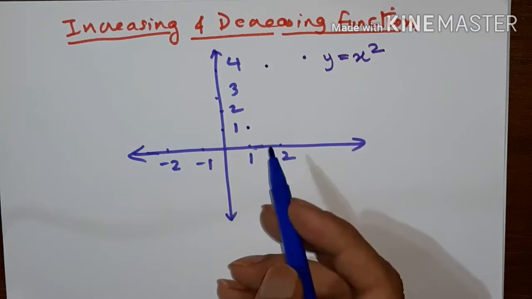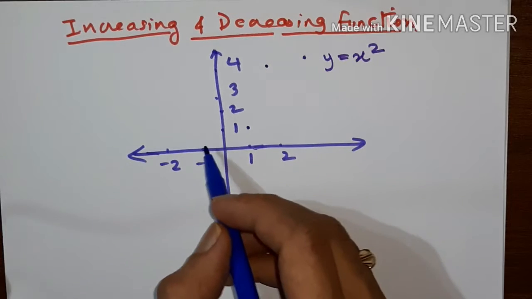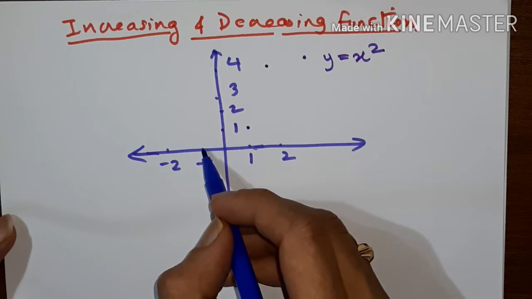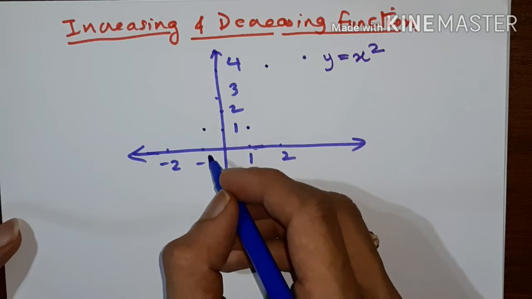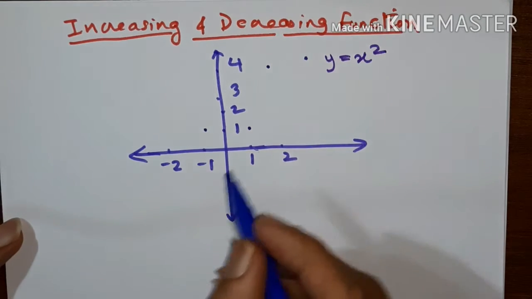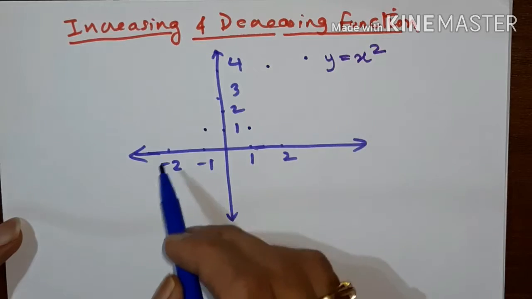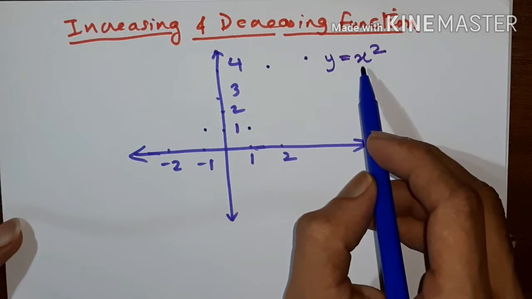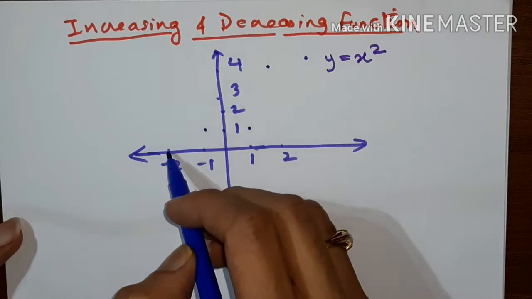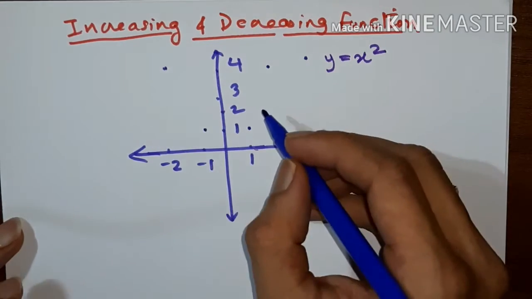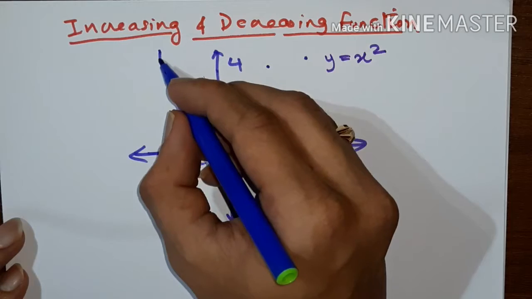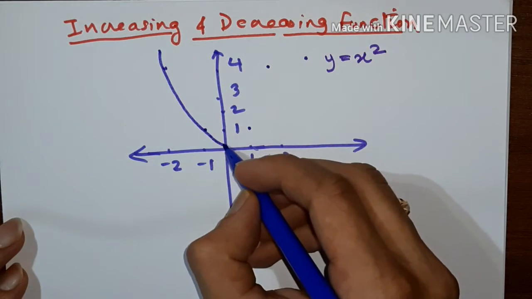Now if you go to the negative real numbers, that is minus 1. Minus 1 square is 1, so the point will be here, minus 1 comma 1. Then if you take the point minus 2, then minus 2 square is 4, so the point will be minus 2 comma 4 here. If you draw the graph, you will get a parabola.